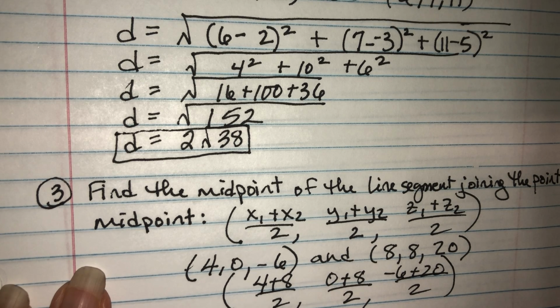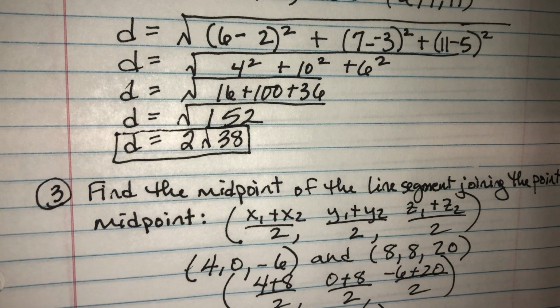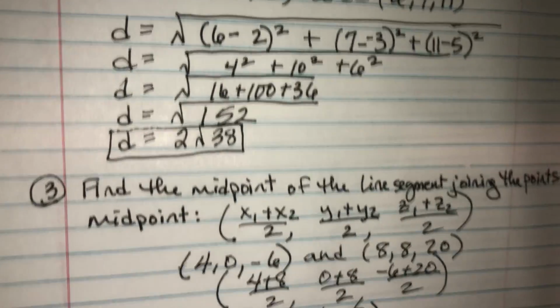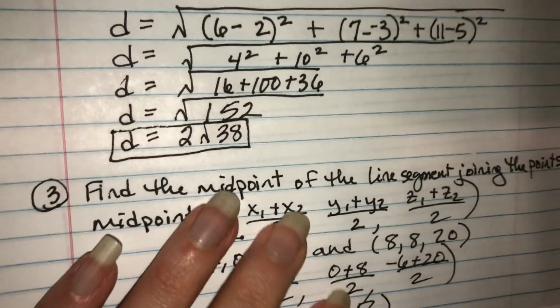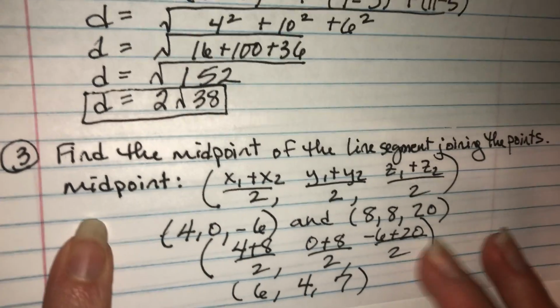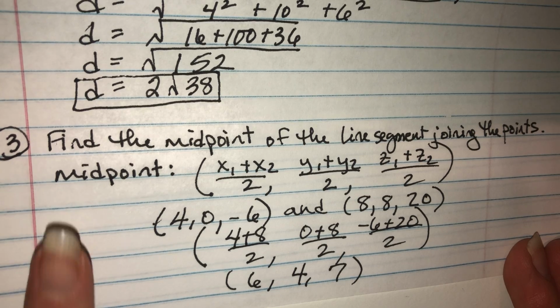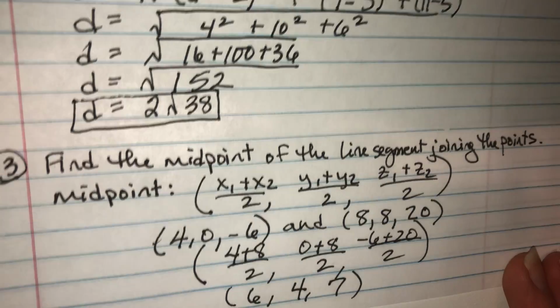So 12 divided by 2 is 6, 8 divided by 2 is 4, 14 divided by 2 is 7. There's the midpoint of the line segment joining those two given points. All right, that was example 3. Moving on to example 4.